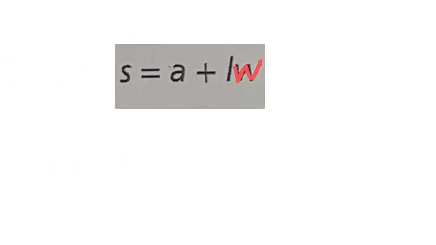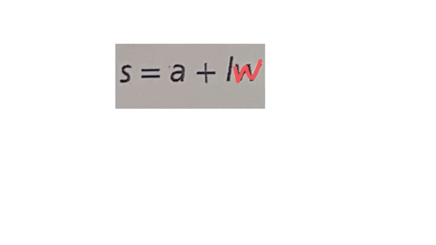Hopefully that makes sense. Okay, looking at the next one, solve the equation S equals A plus LW for the variable W. My student watching and I did this recently, where we want to solve for the W, so that's this red W. Now that is a matter of getting the red W by itself.